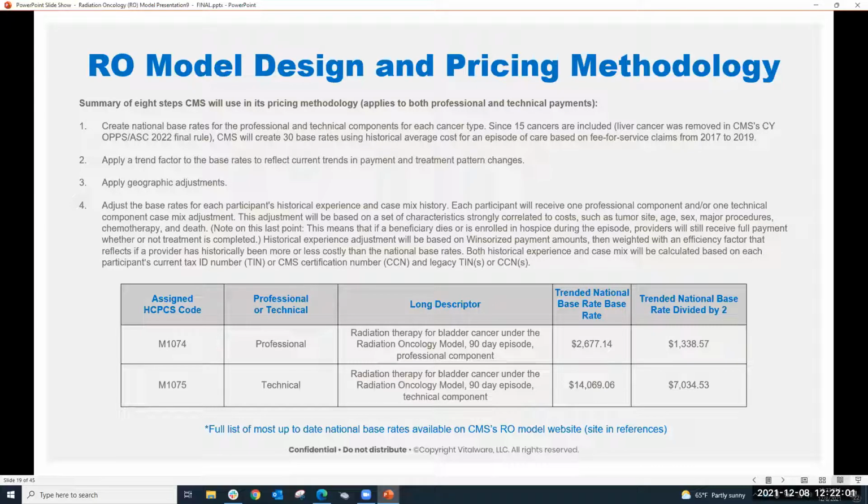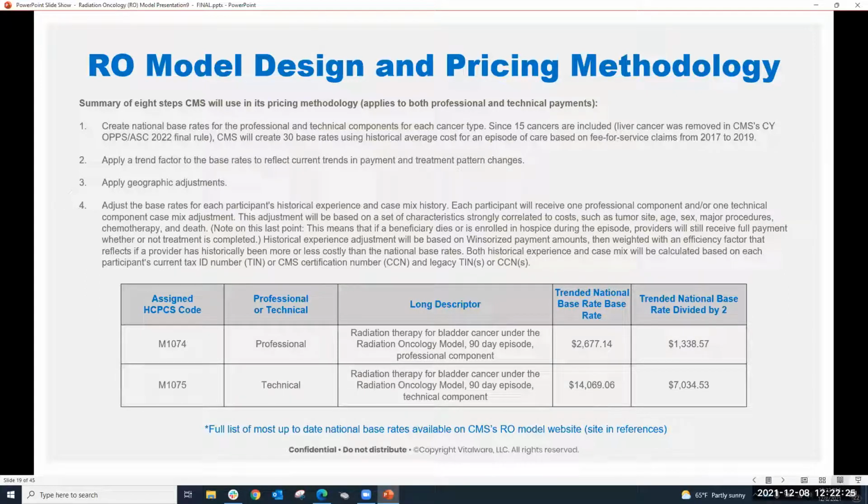Now, one thing to keep in mind is that this is your starting point. All these other steps that I'm about to go over will be applied before this is your payment rate for that service, because obviously different sites of service will have different payment depending on different things, which we're going to go over.